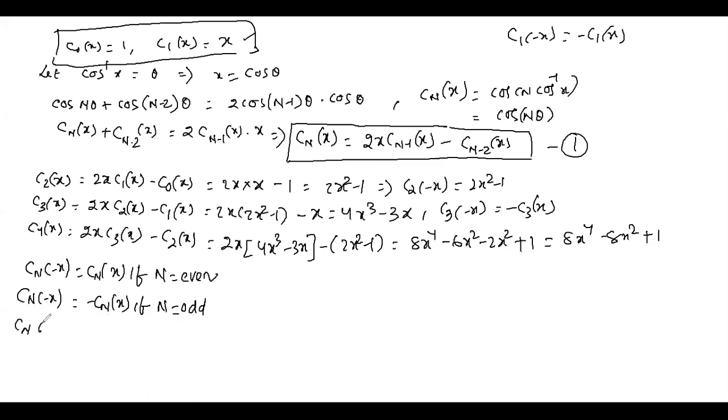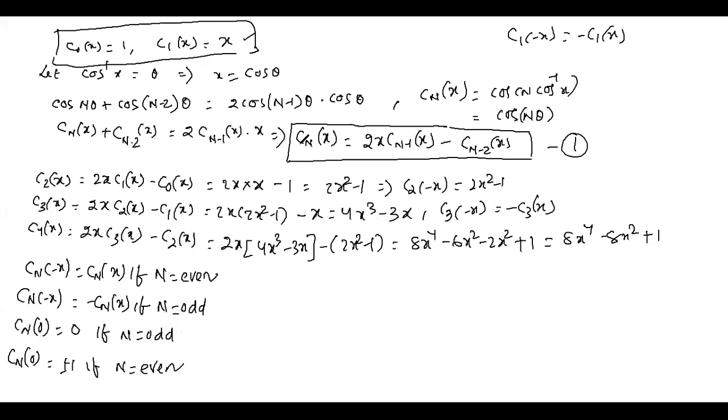Then what is the value of Cn(0)? If you see all this, Cn(0) equals 0 if n is odd. C1(0) is 0, C3(0) is 0. Similarly, C5(0) is also 0. And Cn(0) equals plus or minus 1 if n is even.